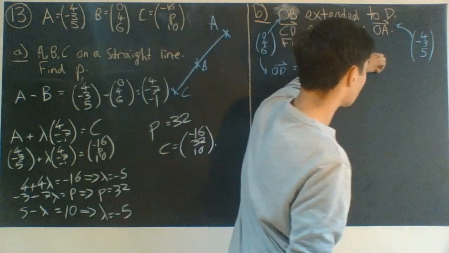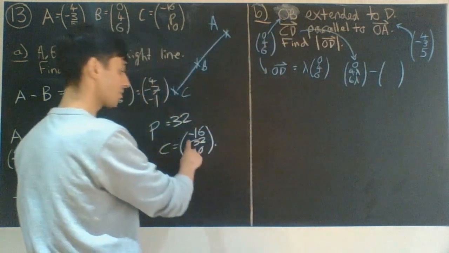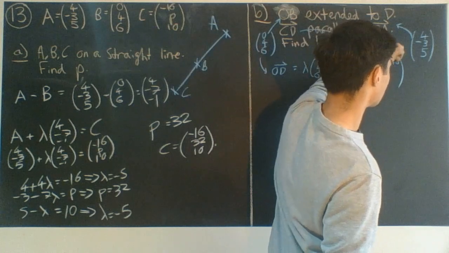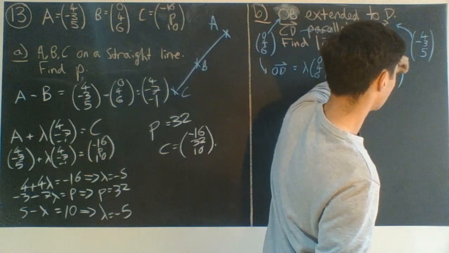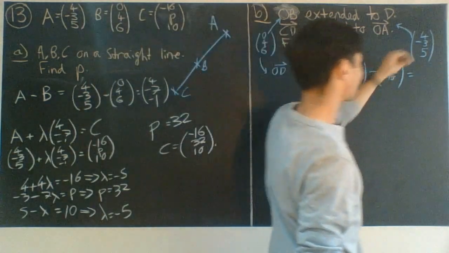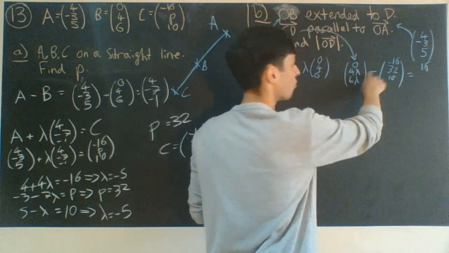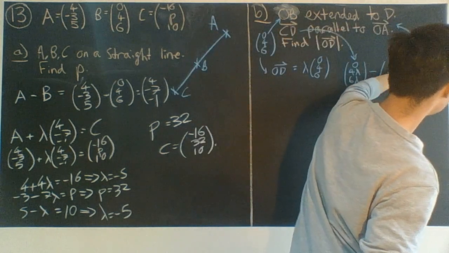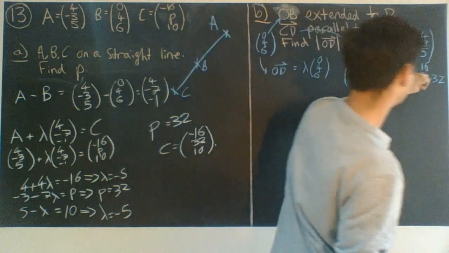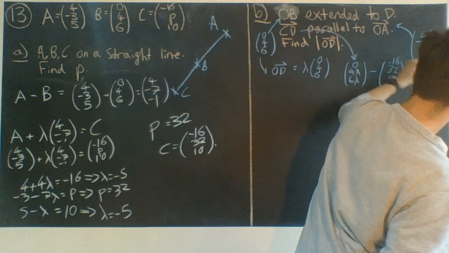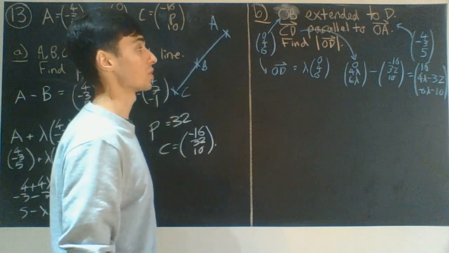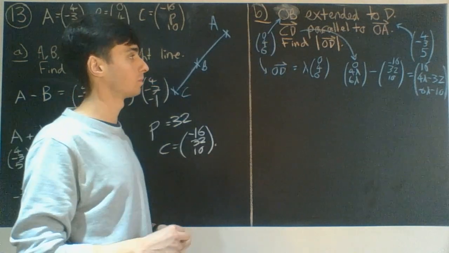And we need to take away the position vector of C, which we found earlier to be (-16, 32, 10). And when we sort these vectors out, we should get (16, 4 lambda - 32, 6 lambda - 10). That's the direction vector CD.